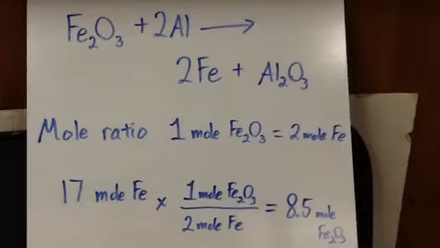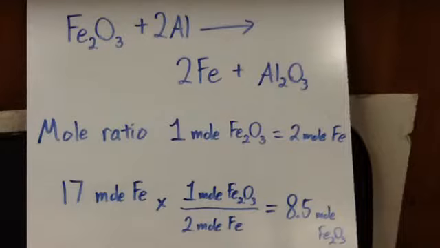So 2 moles of iron is going to go on the bottom. And what we want to find, which is ultimately grams of iron(III) oxide, but we have to start with moles first and then convert that to grams, is going to be, from the mole ratio, 1 mole of iron(III) oxide. Again, formula Fe2O3.